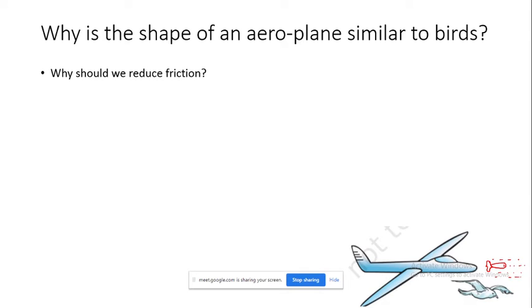Friction produces heat. So it produces unwanted heat sometimes. So have you heard of plane crashes or something like that? Even when you try to launch a rocket, when it is just going into the layers of the atmosphere, it just explodes, something like that. Have you heard of that? Rocket explosions or aeroplane explosions?